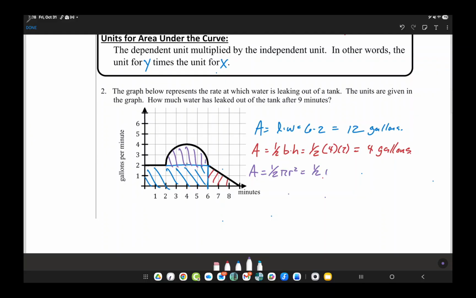So 1/2 pi times 2 squared, which is 2 pi. So add that up, 12 plus 4 plus 2 pi gallons. If you want to leave it in terms of pi, you can say 16 plus 2 pi gallons. Or we can use the calculator.